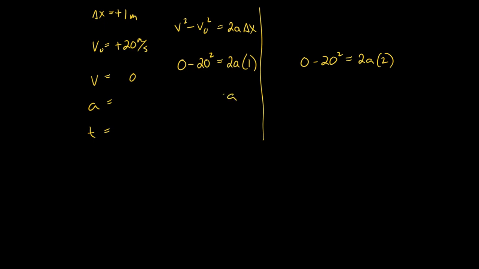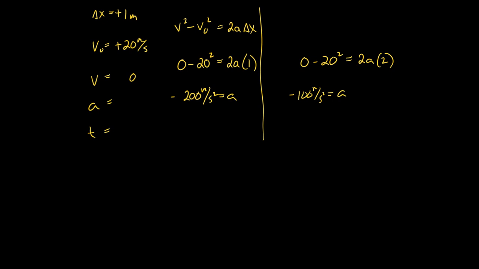That's an acceleration of negative 400 divided by 2. So 200 meters per second squared. And on this side, it'll be 400 divided by 4, so the acceleration is negative 100 meters per second squared. So doubling the distance halves the amount of acceleration.